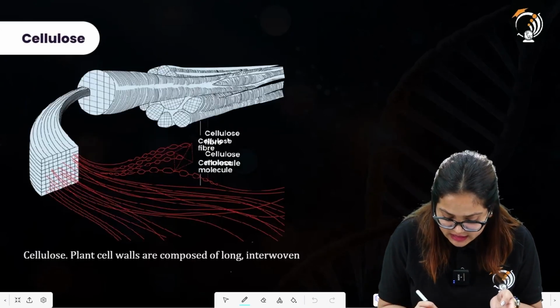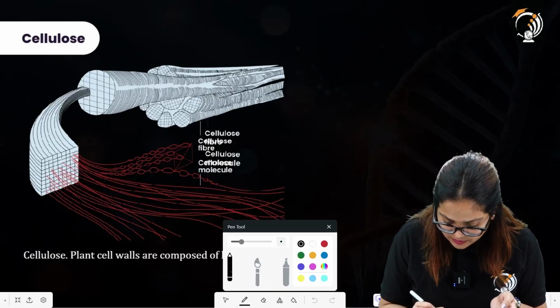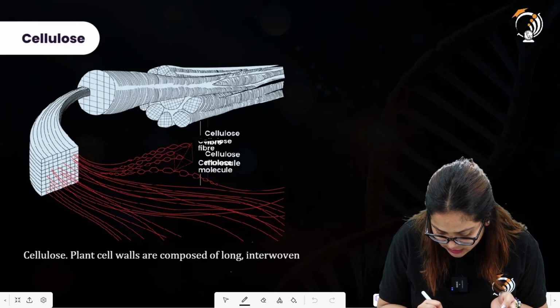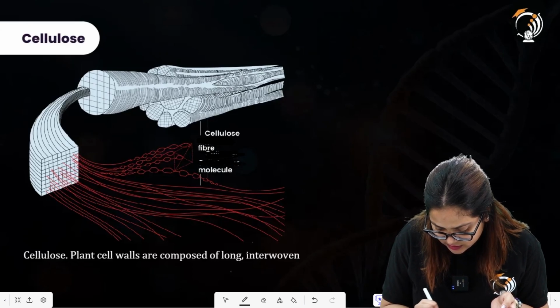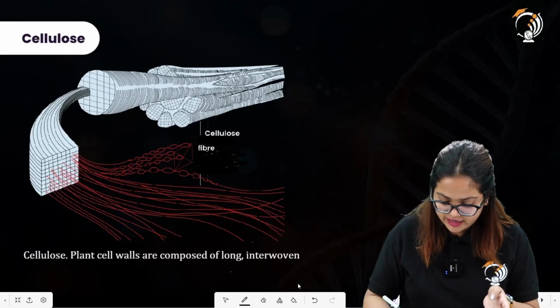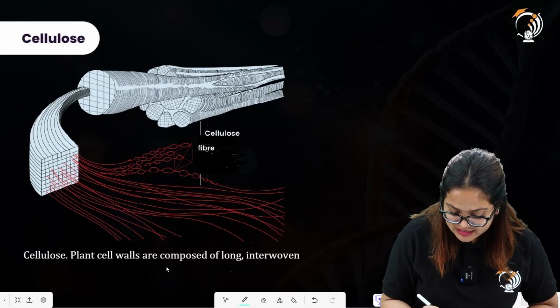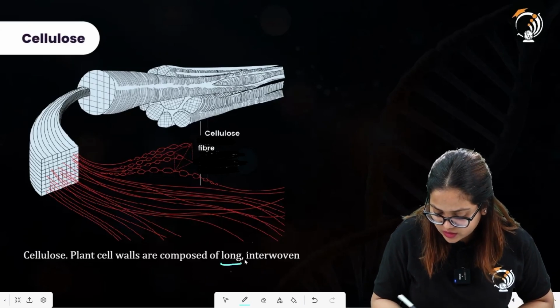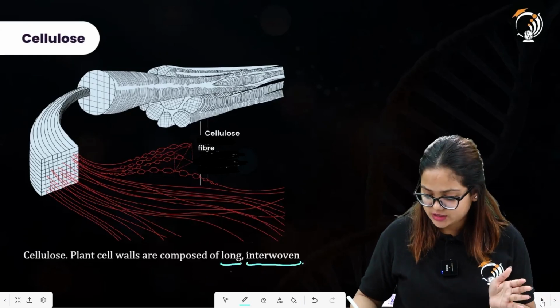Then these are the cellulose fibers. Here we have the cellulose fibers. The plant cell walls are composed of long interwoven components. Here we make the cellulose.